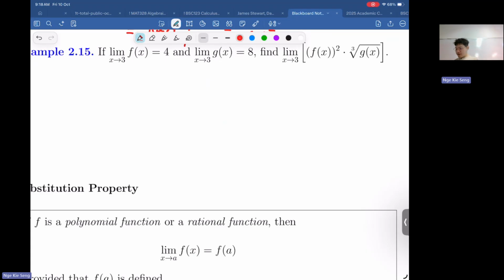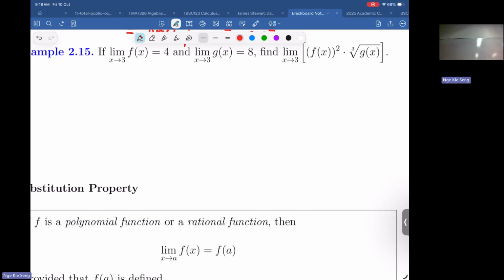So in particular here, since you know the limits of f and g, you are trying to figure out this new function here. How to build this new function? It is literally built by products, by squares, by roots. Since you know the limit of the basic functions, you can use what law?